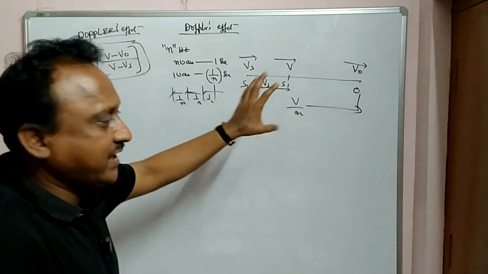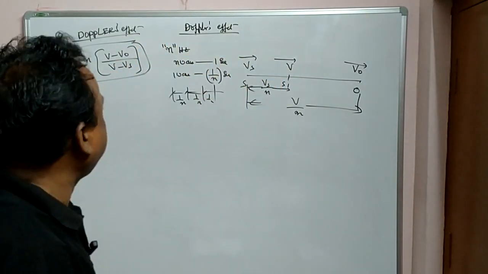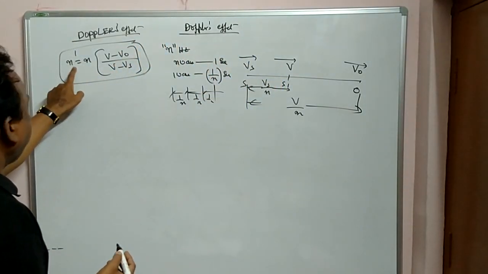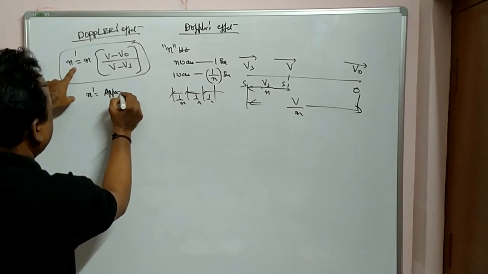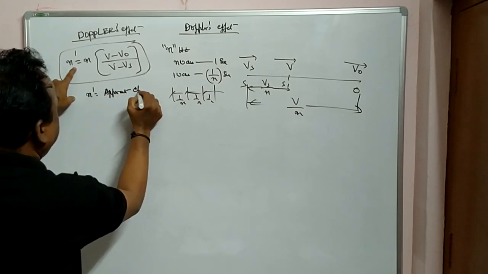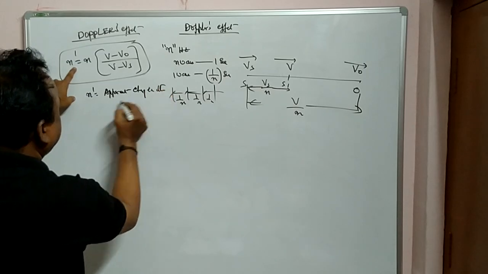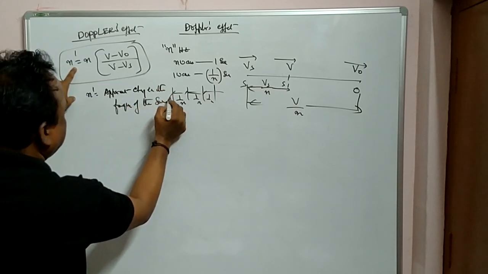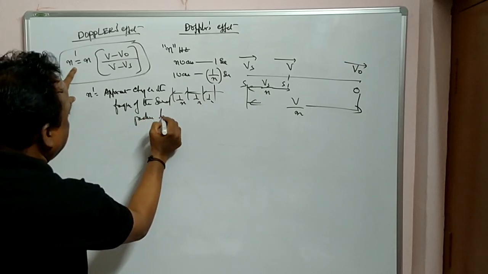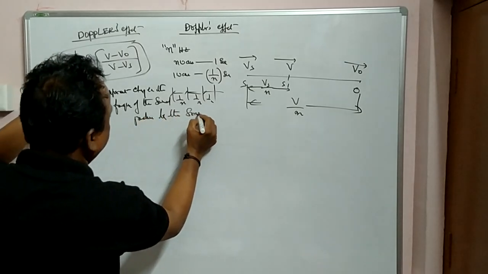In this, we have almost 4 to 5 very, very important cases. Here n dash means the apparent change in the frequency of the sound produced by the source.